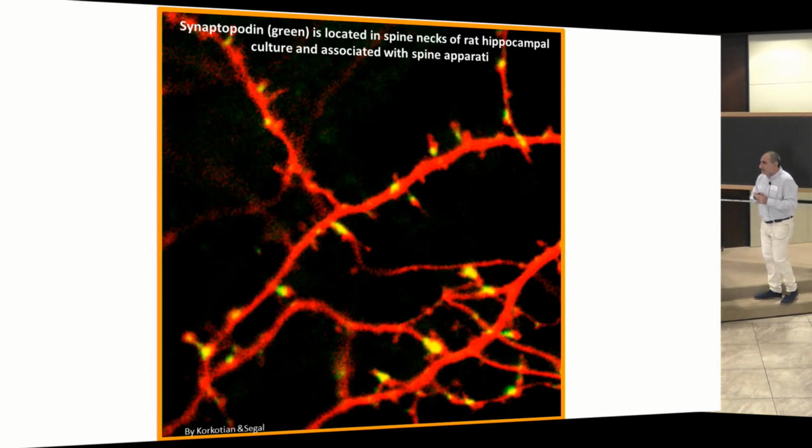So the final part was related to, if you remember, what we started to speak about: local stores. Is it still correct to say that for mature spines, which do have these stores, the spine apparatus, which is marked here in very specific locations, you see in the necks of some spines, very nice location.